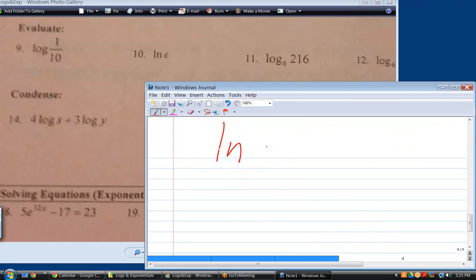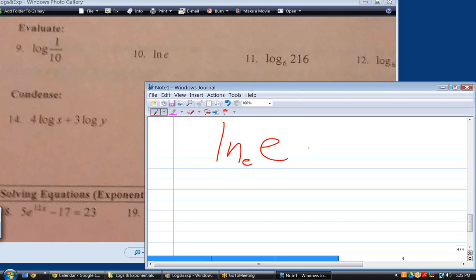Natural log of e. What's the base here? 10. This is natural log, not log. This is ln. What is it? E. E, exactly. Okay. Now, again, they want us to evaluate it.